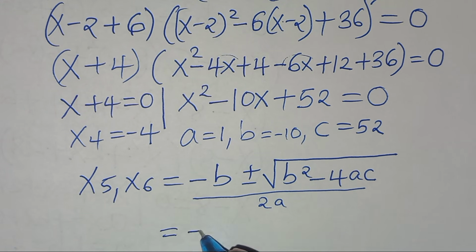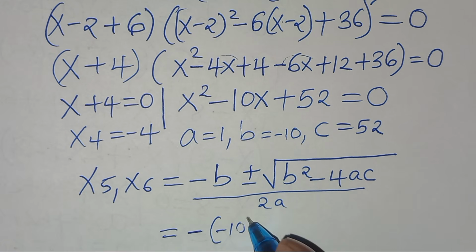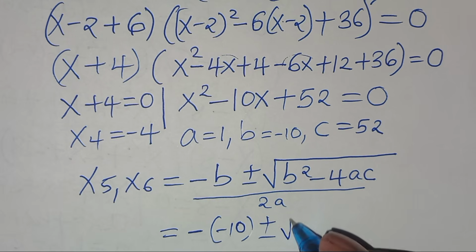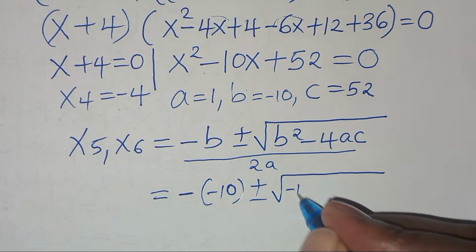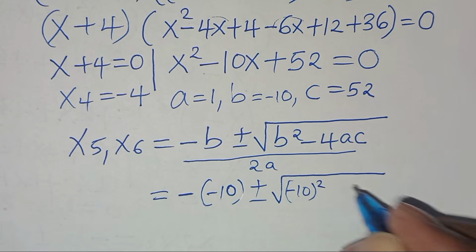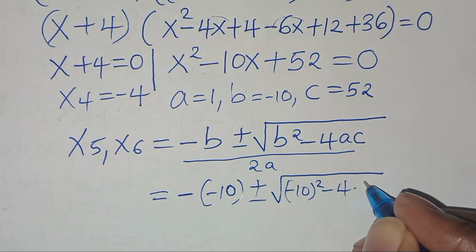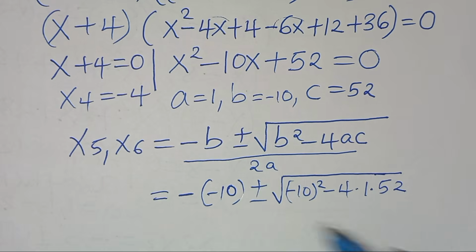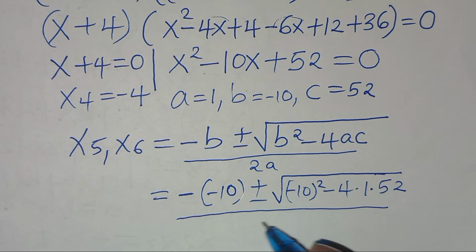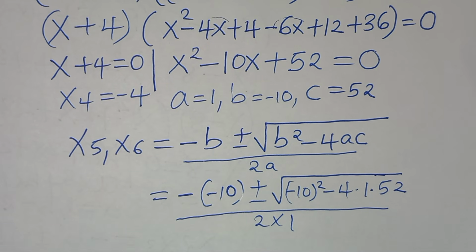So you will have minus 10, then plus or minus the square root of b squared, this is minus 10 squared, subtract 4 times 1 times c, which is equal to 52. Everything here divided by 2 times 1. So let's proceed.